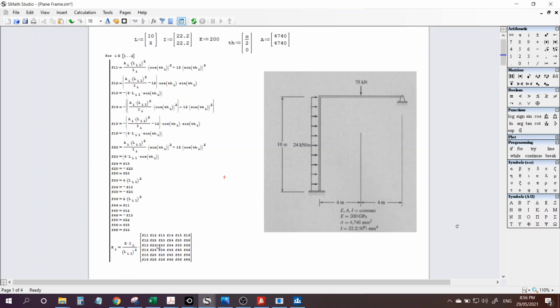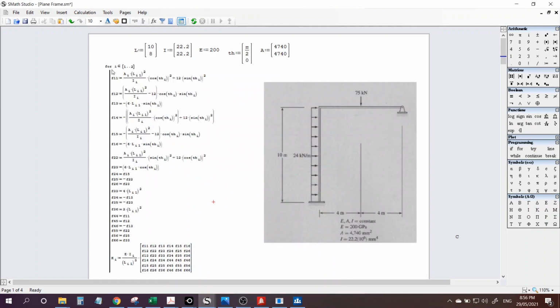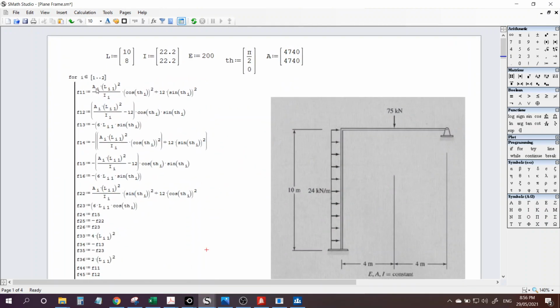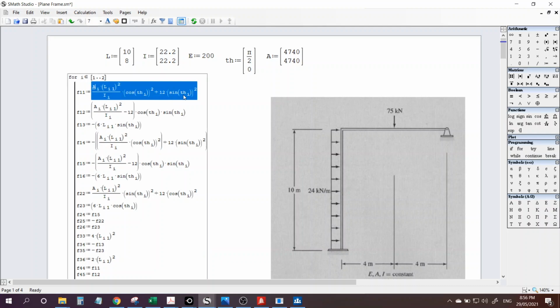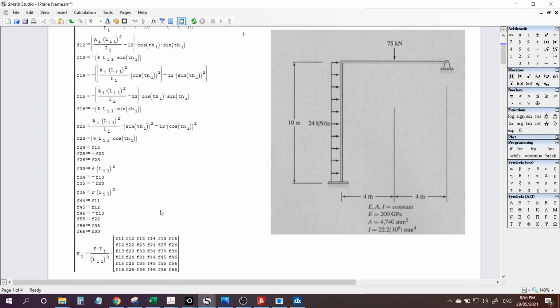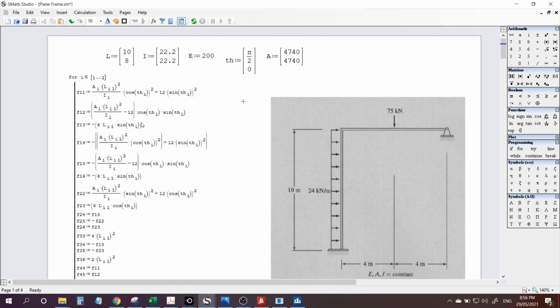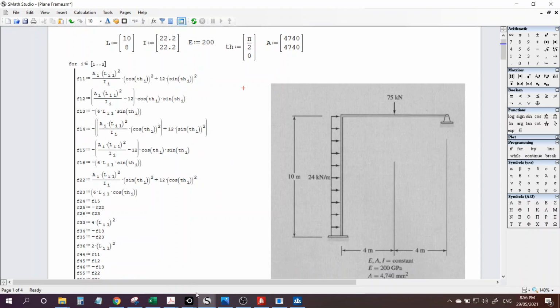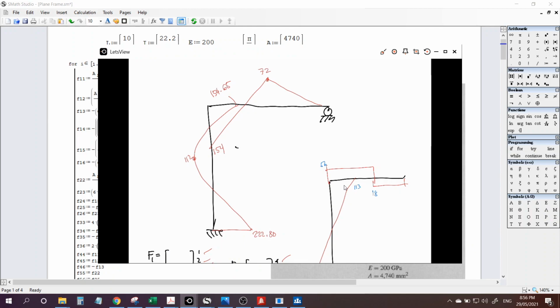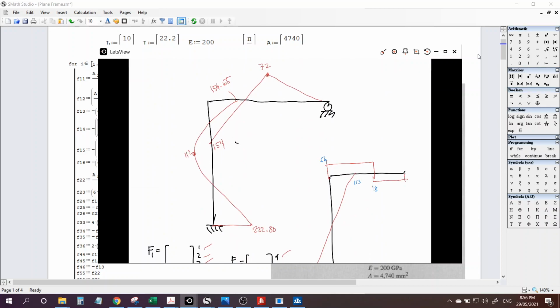Since it's already 6 by 6, I now just input the unique data. For example, the K11, I didn't use K11 because I have a K sub I formula, just to avoid confusion.